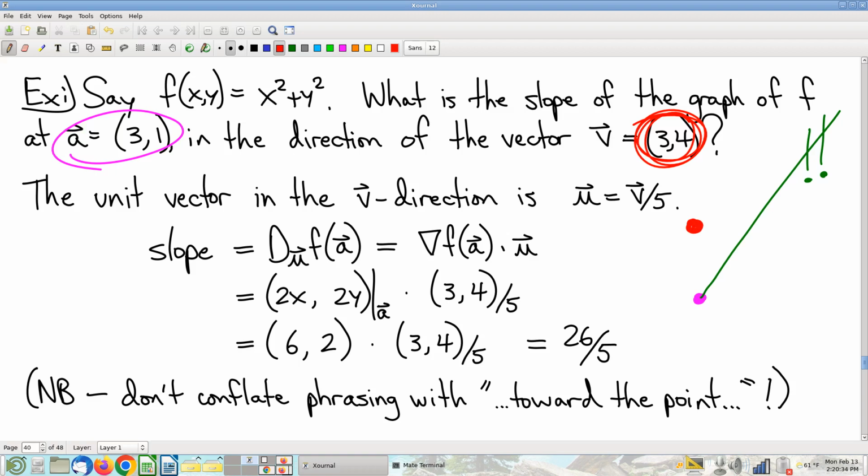And "in the direction of" could be interpreted as "toward." Everybody see how, if you're casual with the interpretation of the question, you could think, okay, here's 3, 4, and they're saying toward that point, 3, 4. This is the wrong direction.